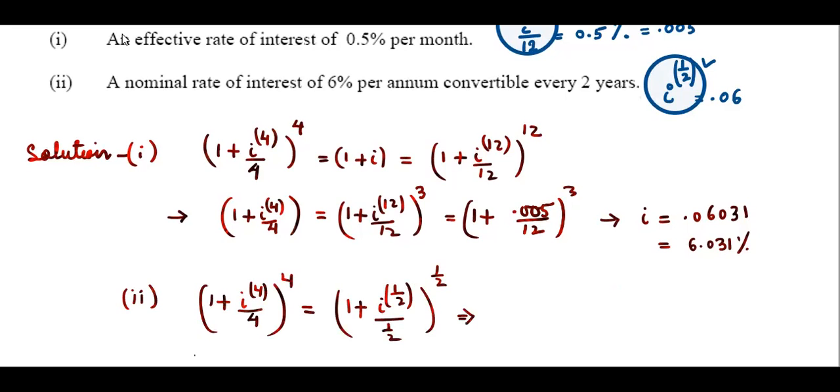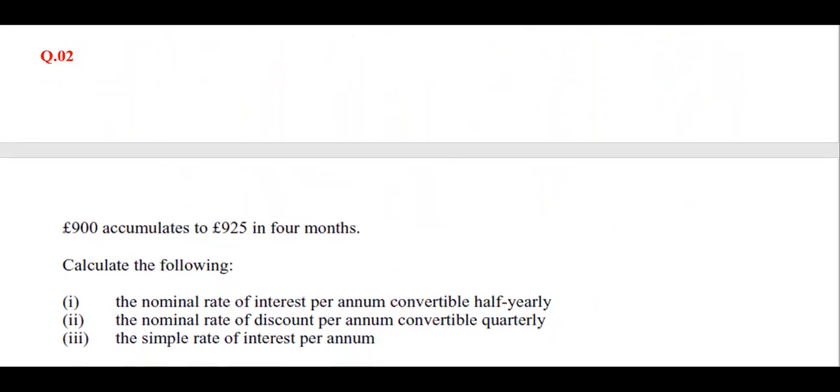That implies p, I've taken half here. It could be a fraction. This is the actual symbol. So here I have given 0.06, you put here. Then you solve this one.